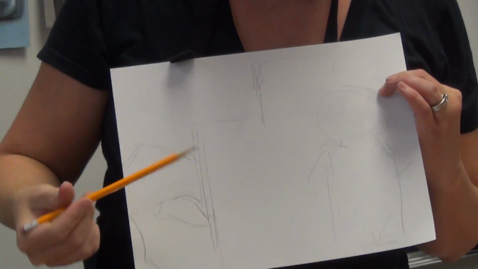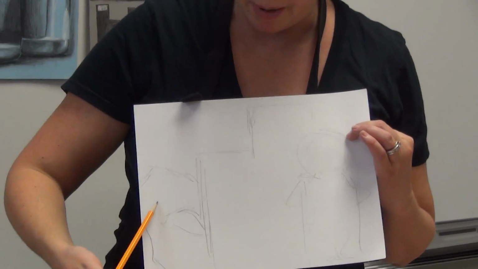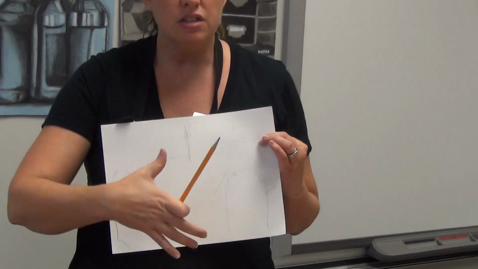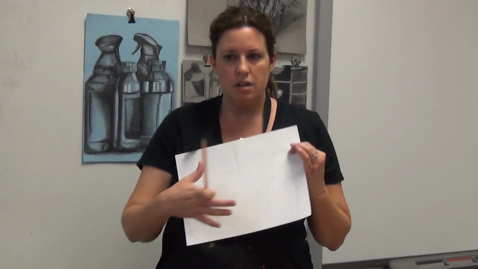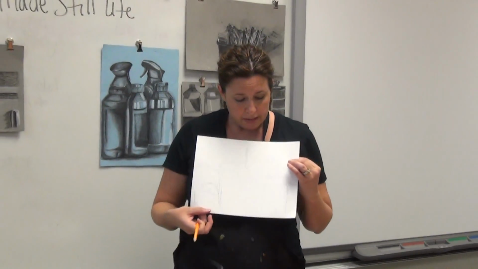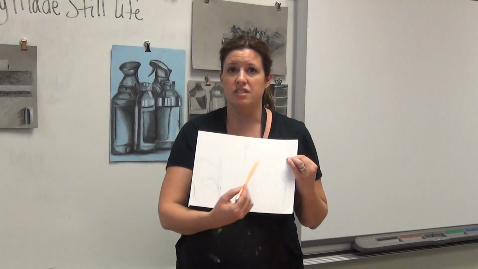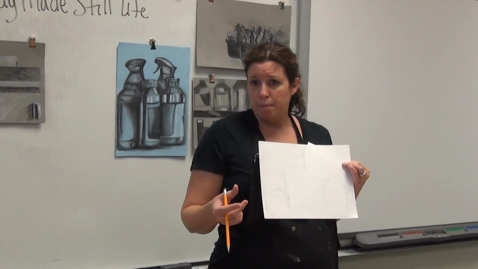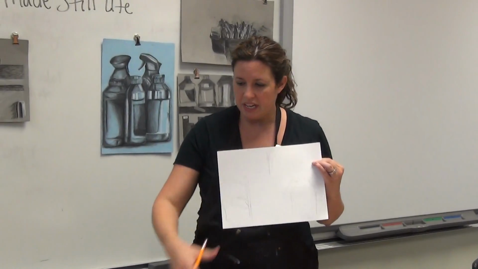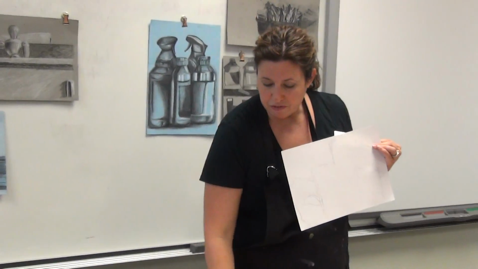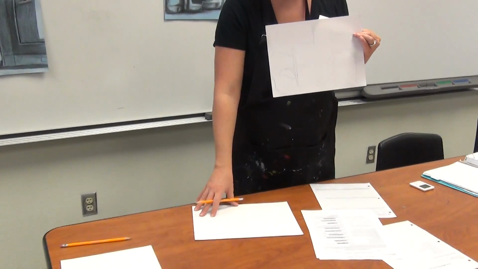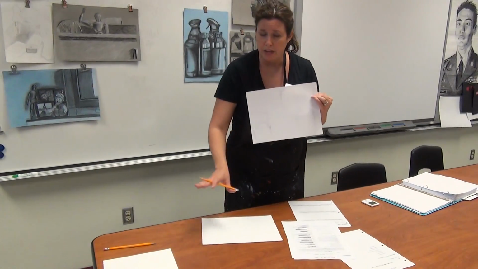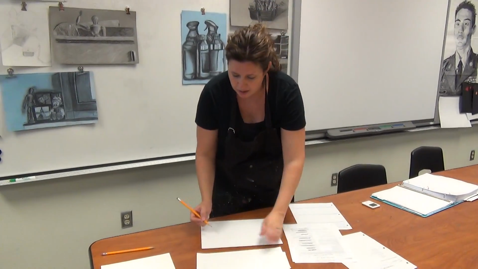I have my troll in front of my frame, in front of my mask. This is a good layout. I know that this is what I want to do. Since I'm already on the paper, I can actually just now go in and start drawing it and refining everything. If you're on scrap paper, all you do is you take it and you go to your final drawing paper and you start to draw it. Okay, you already kind of know how you want it laid out.